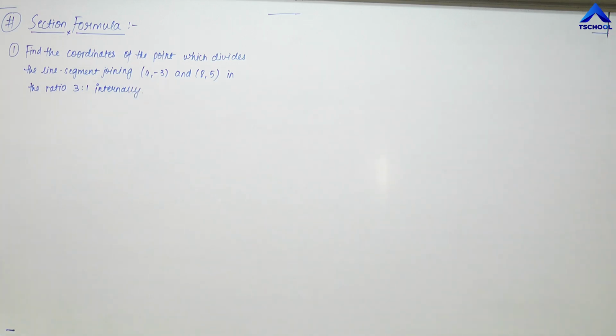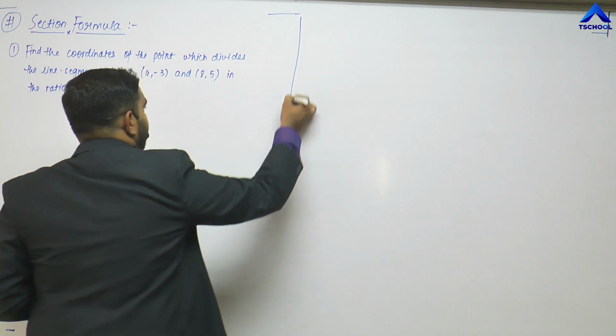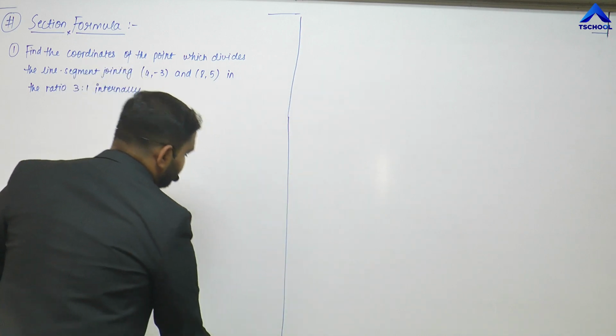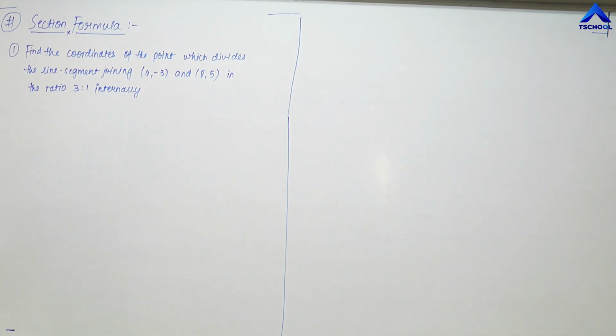We need to find out the coordinates of the point which is dividing the line segment joining these two points internally in the ratio 3:1, right? So let us see how it can be done.